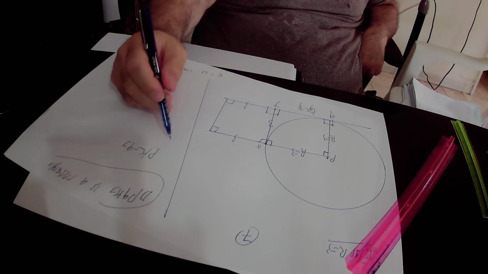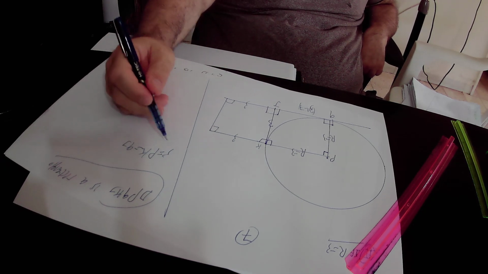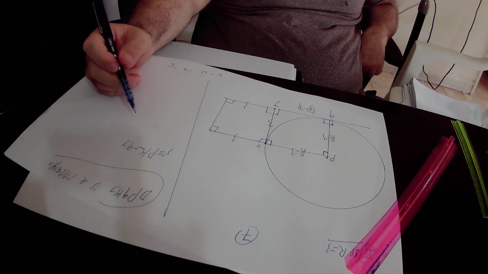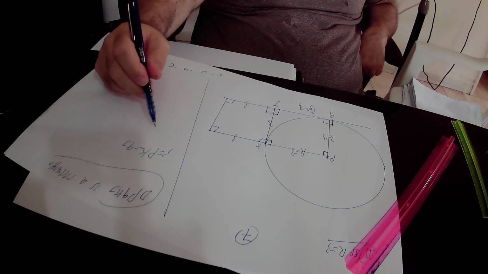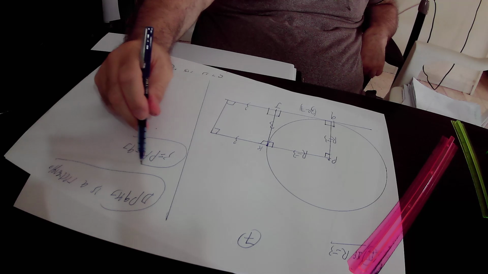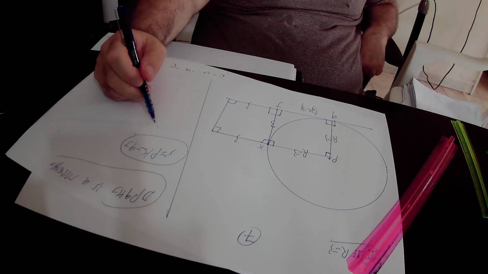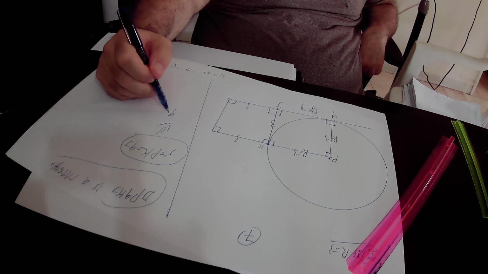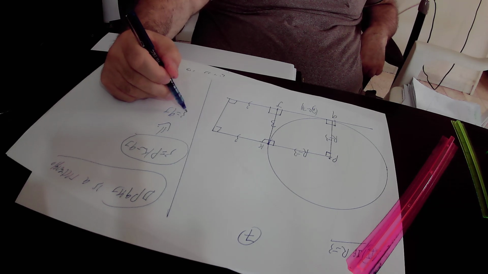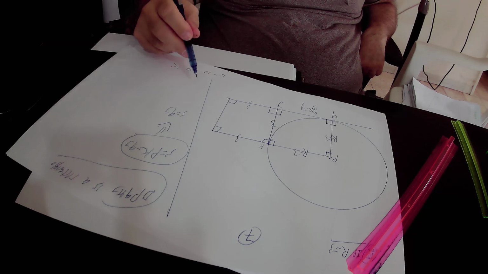So we can write here that PK equals 3. So from this equation 3 equals PK equals QJ, we will derive that QJ equals 3 units. So from one side QJ equals 3 units.